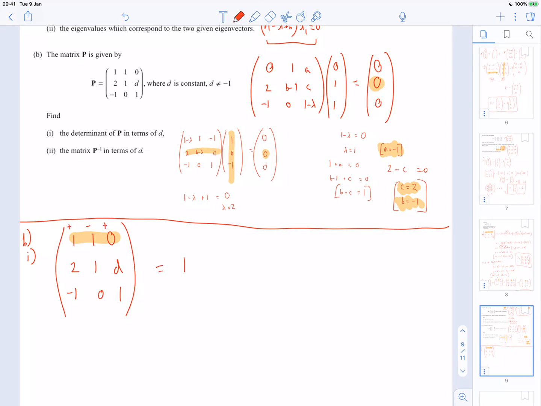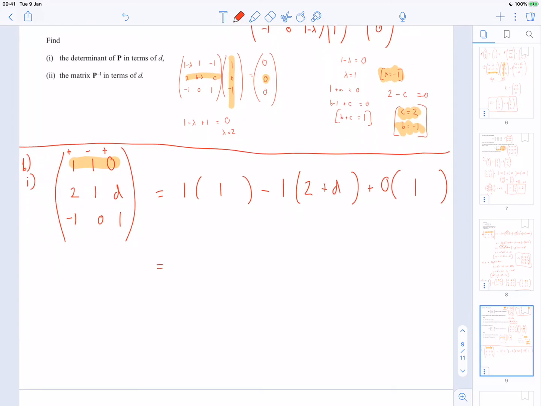So this is going to be 1 lots of 1 times 1 minus 0 times D, so that's a 1, minus 1 lots of 2 times 1, which is 2, minus minus 1 times D, which is minus D, so that's a plus D, and then plus a 0 times, and I'm just going to do it because I know it's going to be needed for the matrix of minors later, 2 times 0, which is nothing, minus minus 1 times 1, which is a positive 1.